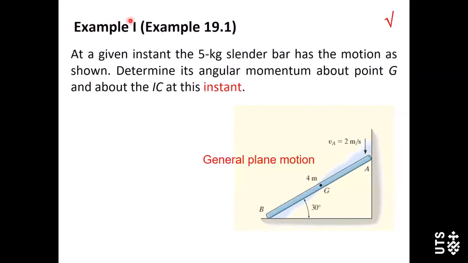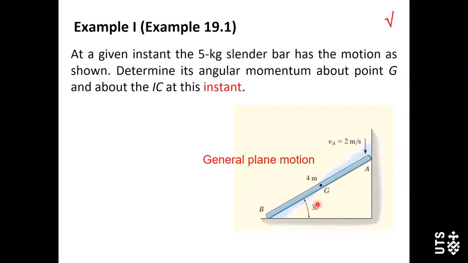We can use this example to show how to calculate angular momentum of a rigid body about a selected point. In this problem here, at a given instant, the angle between this slender bar and the ground is 30 degrees. And this bar has a mass of 5 kilograms.